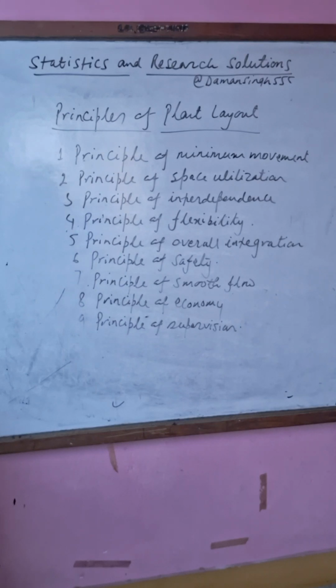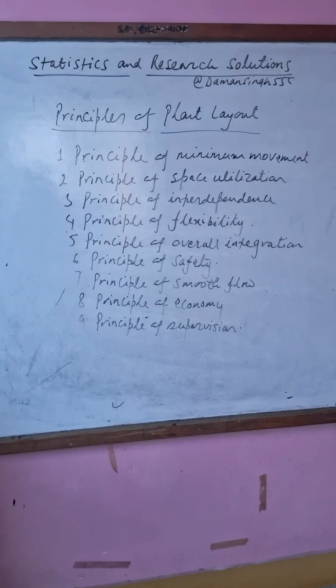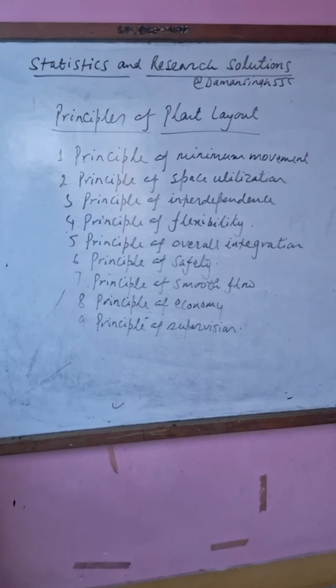So economy customizes the cost, and each and every activity should be properly utilized, and there is no wastage, and cost will be very properly maintained. That is the principle of economy.